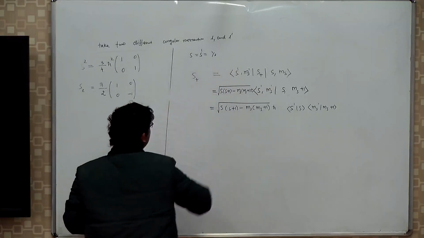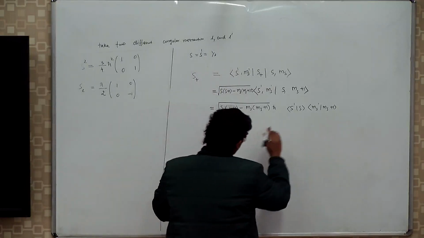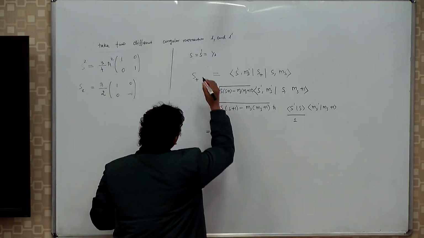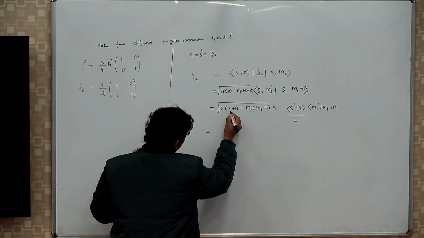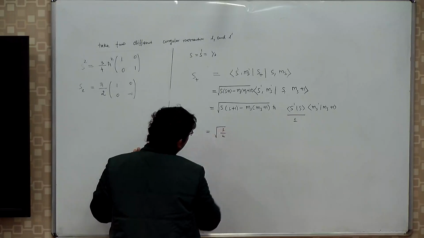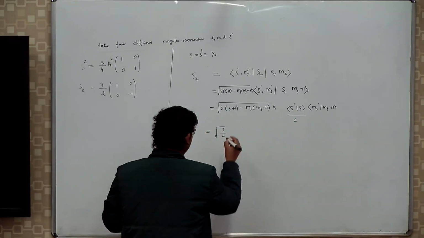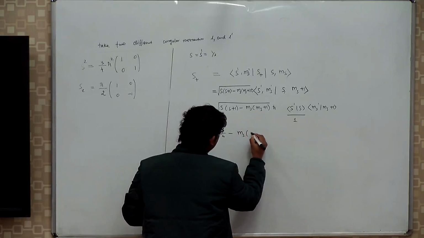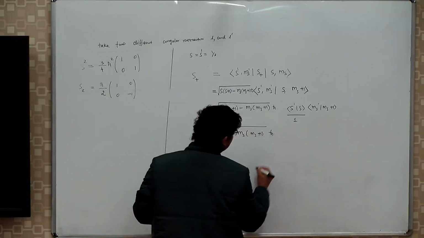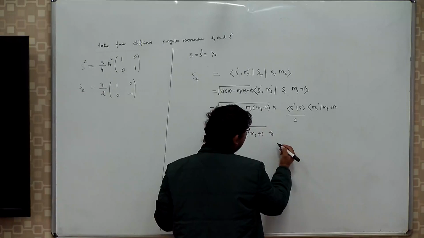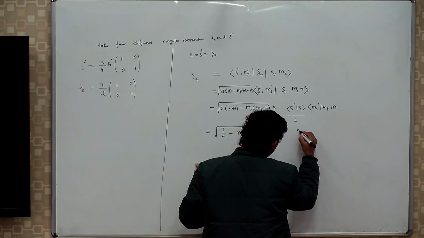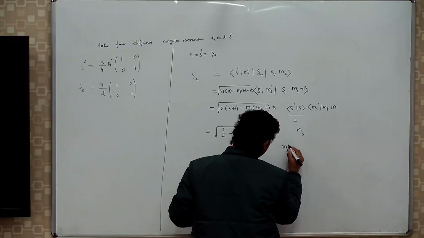By using this condition, s equal to s dash equal to 1/2, this value will be 1. Coming to this term, s equal to 1/2. So 1/2 times (1/2 plus 1), that is 3/2, so we will get 3/4 under square root, and we don't know m_s, it comes under the permutation, so keep it as such, and h cross. Now the matrix entries will involve m_s and m_s plus 1, so write m_s here and m_s dash here.